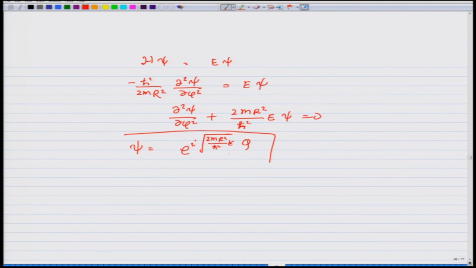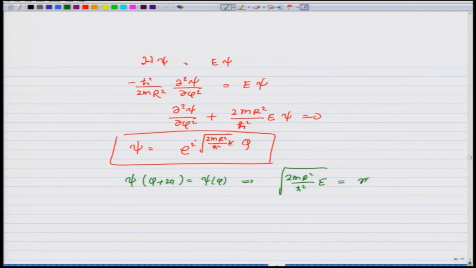This is the solution. And if I demand again for the unique value of psi, psi of phi plus 2 pi should be equal to psi of phi, it immediately gives me that the square root of 2 m r square over h cross square E should be equal to mz, where mz is equal to 0, plus minus 1 and so on, and therefore, E comes out to be h cross square mz square over 2 m r square as obtained earlier.